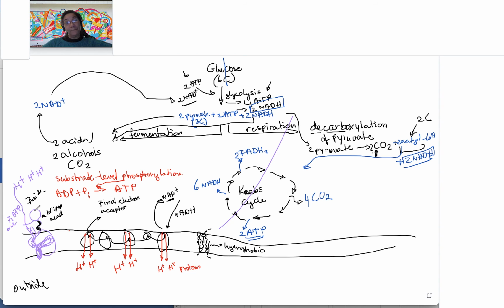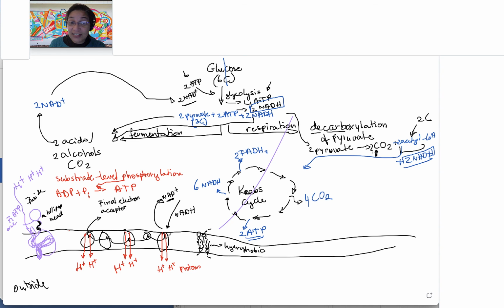Okay, so I'm going to backtrack a bit. ATP is made by the shape changes of the lollipop head. The energy from those shape changes comes from the movement of the stalk. The movement of the stalk comes from the flow of protons through this ATPase. The protons were pumped to the outside by the electron transport chain, right?